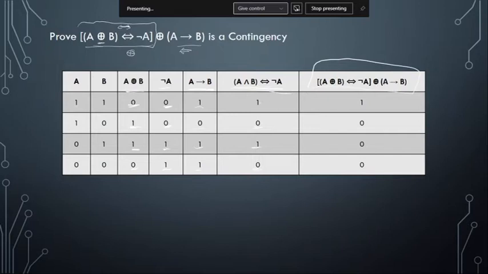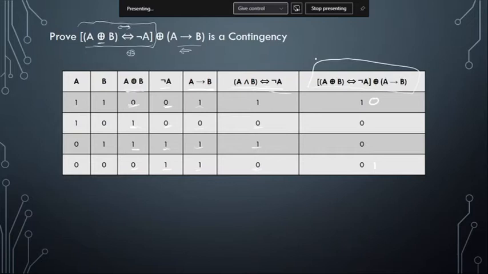Oops, that's wrong. This is 0, by the way. This is 0. It was reversed, so this should be 0. Then this is 1. I got it reversed. So, 1, 1, exclusive OR again.